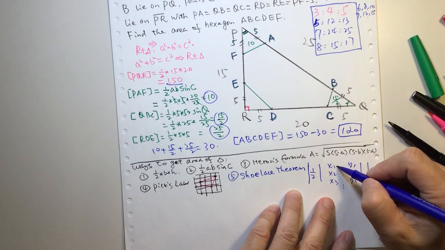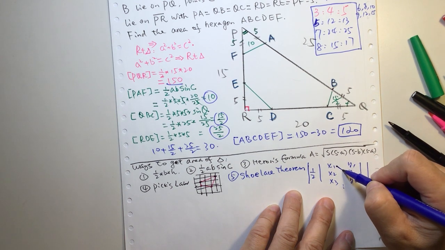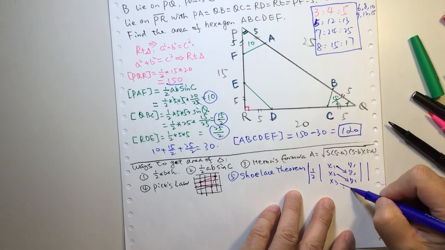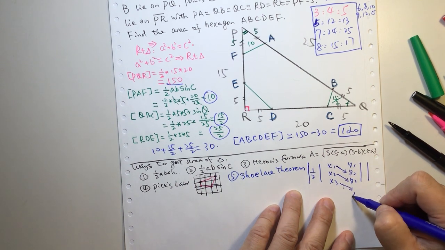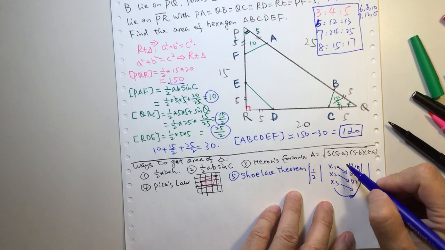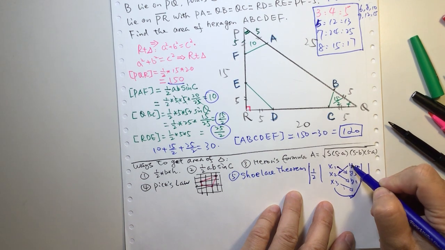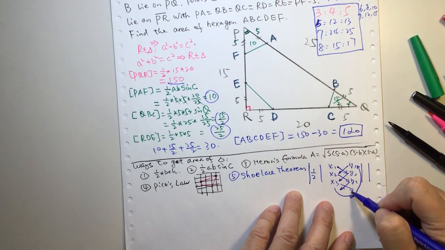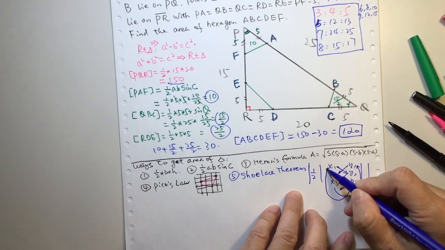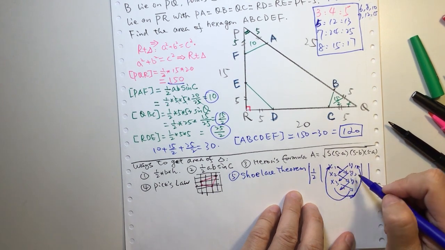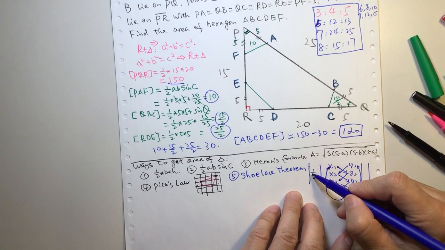You write the coordinates of the vertices in order. You use x1 times y2 and x2 times y3, and the last one x3 times y1, and sum all of these. Then minus y1 times x2 plus y2 times x3, and the last one times the first. You get the sum of this, then the difference of these two, then times 1/2.